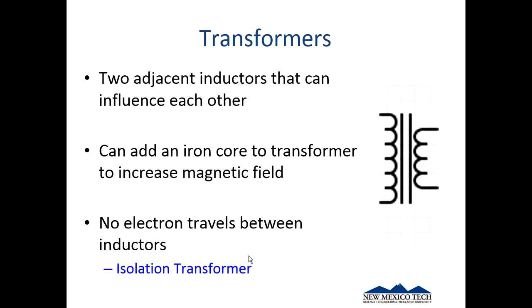Another neat thing, and if you start thinking about how these things come together: if I'm changing the current through here, that means I'm changing the magnetic field. We know that a change in I leads to a change in the magnetic field, and if we put another wire nearby, we know that a change in magnetic field leads to a change in current.